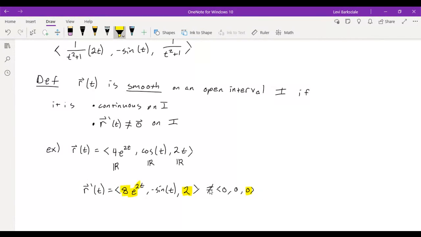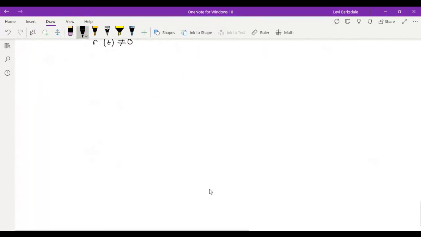But also, 8e to the 2t is also never going to be equal to 0. So because r prime of t, our first derivative, is never equal to 0, then it is smooth on the whole interval where it is continuous. So we can say that r of t is smooth for all real numbers because r is continuous on all real numbers.